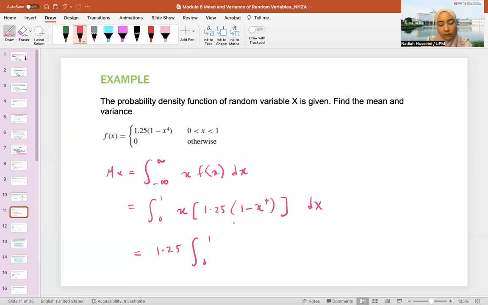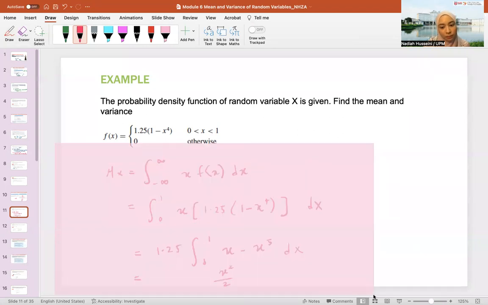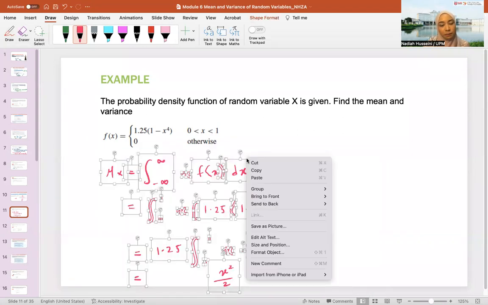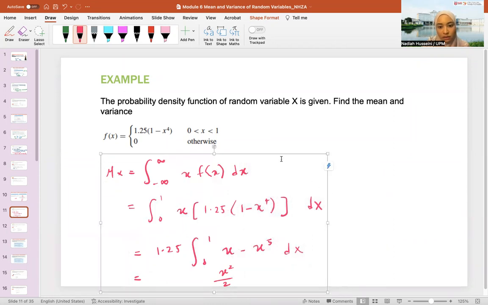So this is 0, 1. And x times 1, x times x to the 4. So you would get x minus x to the 5 dx. I'm just expanding. I'm not doing anything yet. Now I'm integrating. So x squared over 2. I don't have space. Let's do it over here. This is fairly easy integration. I think the tricky part for our course is actually applying the equation. So hopefully everyone has gotten down their integration because I cannot teach that one here.